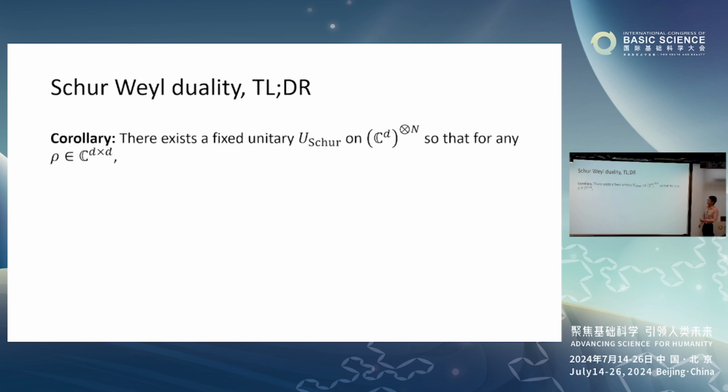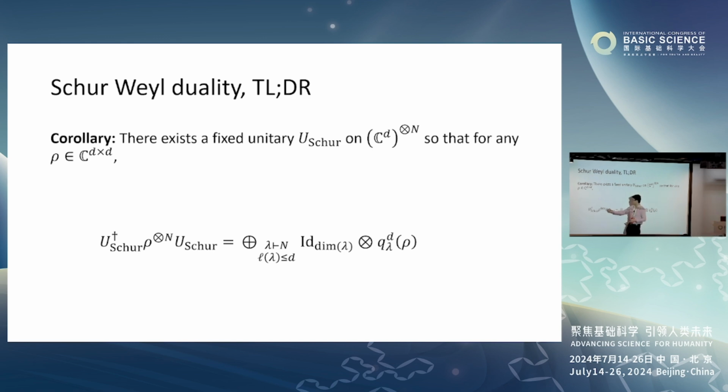The key point for us is that what that statement implies is that there's some fixed global unitary, which I denote U sub Schur, which acts on the tensor space, so that for any d by d matrix rho, if I apply this unitary to rho tensor n, I get that this matrix is now also decomposed as a direct sum.